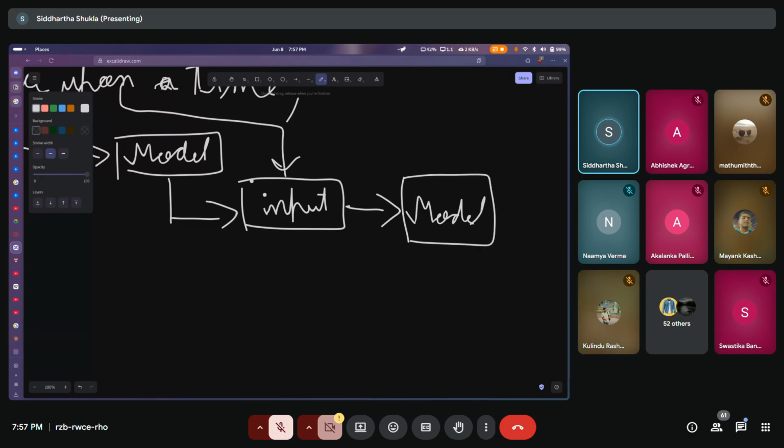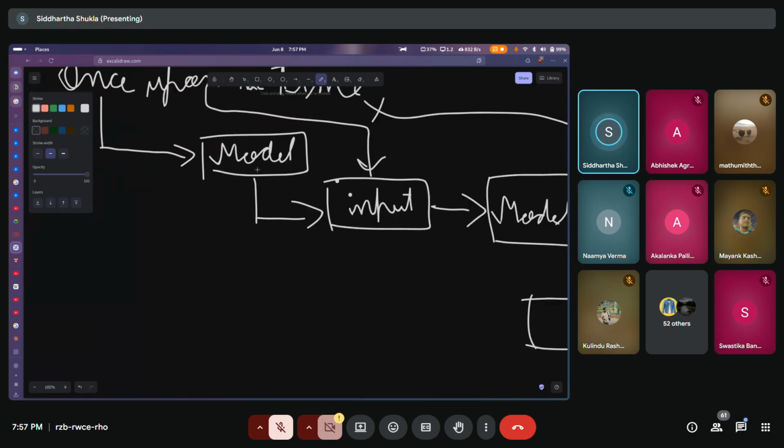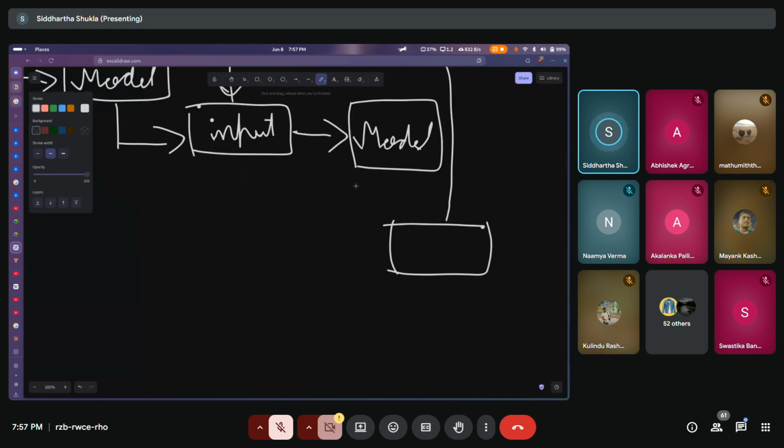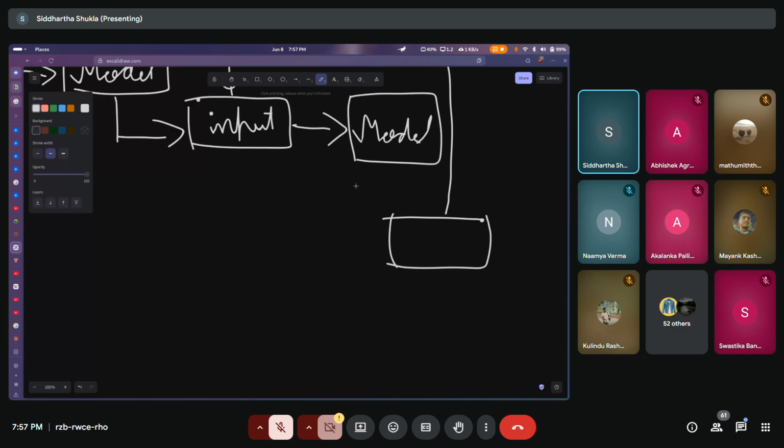Similarly, once all of these words have been fed to the neural network, the model makes a context-rich mapping for these four words, and then it starts to produce the output.